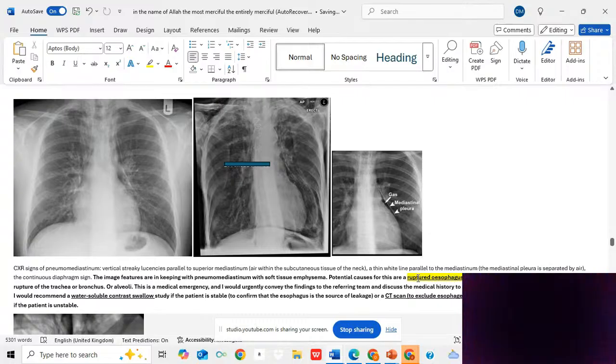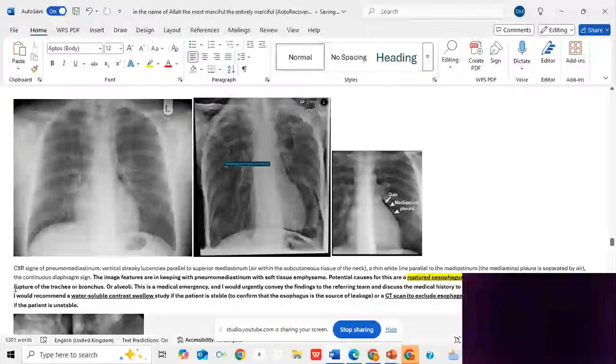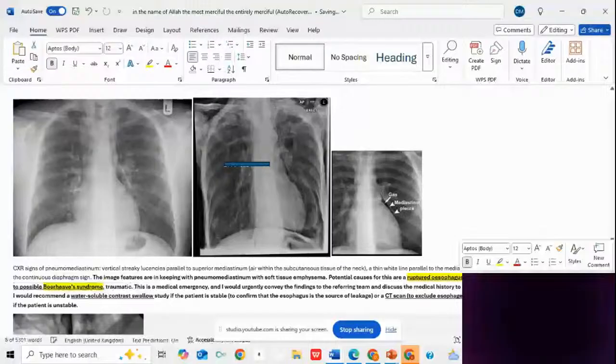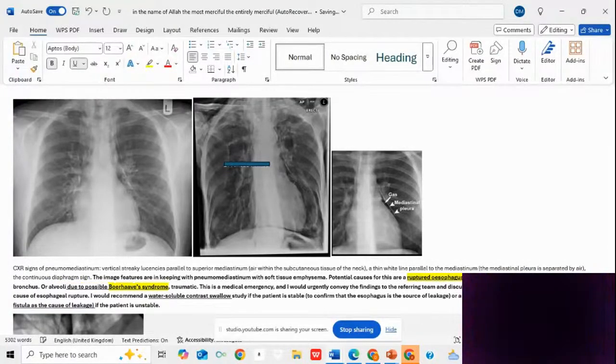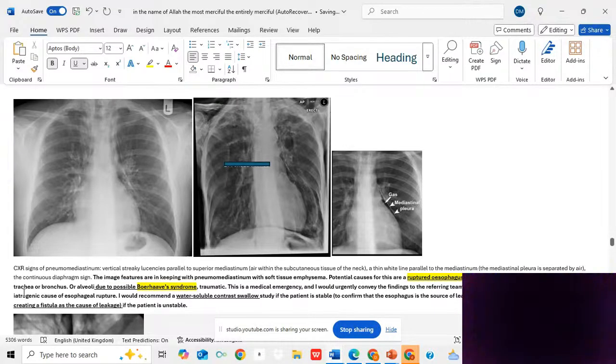Okay, so the most likely cause of pneumomediastinum is esophageal rupture, and the other likely causes are rupture of the trachea, bronchi, or alveoli. So esophageal rupture is the most likely cause. Then rupture of the trachea, bronchi, alveoli.